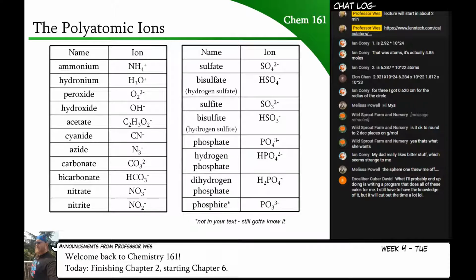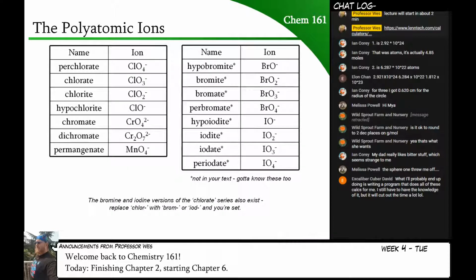There are some that have multiple names. Either name is acceptable. You see them in parentheses there. I prefer the bisulfite names because they are just shorter. It's easier to type, but if you use either one, it should be okay. There's the rest of them. The ones that are starred on the right are very simple to learn once you know all the chlorates.